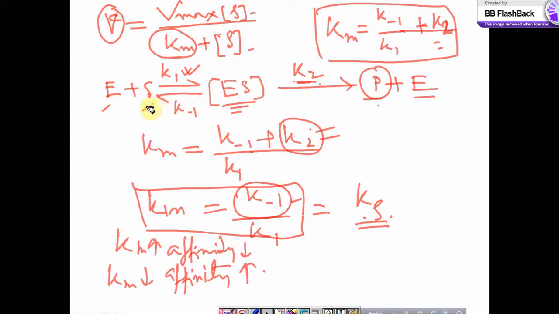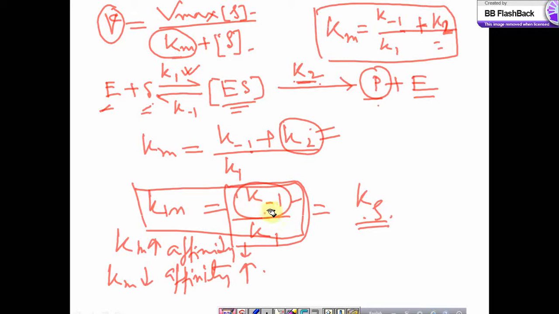That means the enzyme is showing less affinity for the substrate, so the substrate is getting released from the enzyme substrate complex, producing enzyme and substrate, if k minus 1 increases relative to k1.